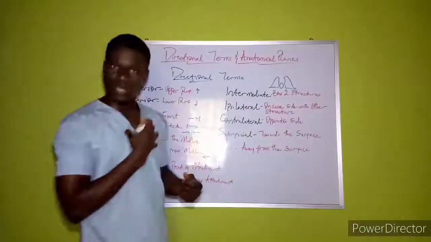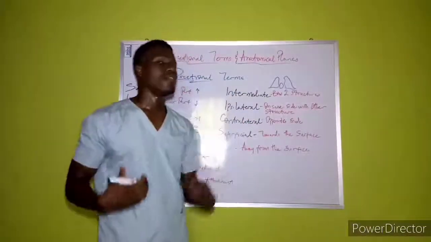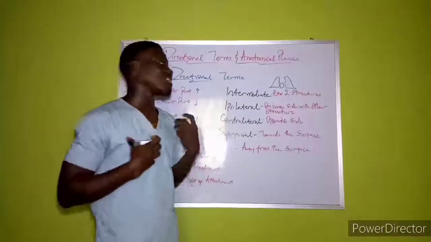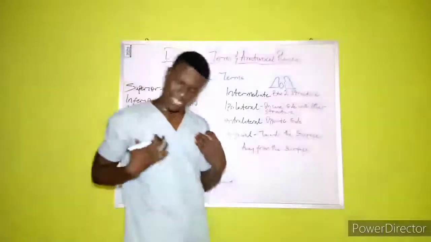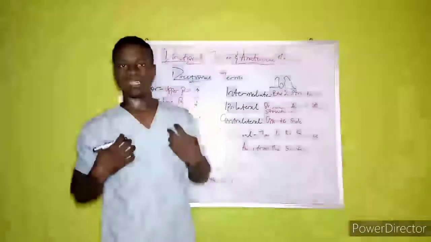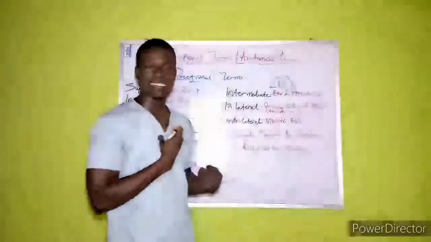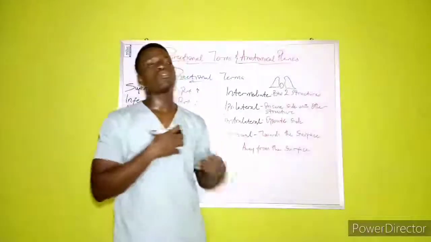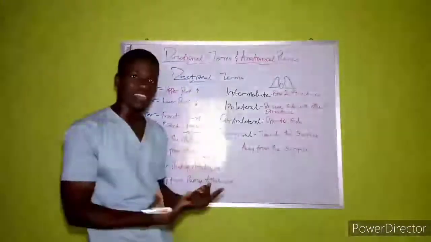An example of that is the heart. The heart, which is in the thoracic cavity, is intermediate to the left and the right lungs. There's one lung at the right side and another lung at the left side, but the heart is at the middle of those two lungs, meaning it is intermediate to them. Or we can also take another example.